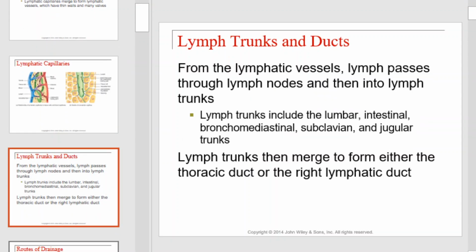From the lymphatic vessel, lymph passes through lymph nodes and then into lymph trunks. Lymph trunks include the lumbar, intestinal, bronchomediastinal, subclavian, and jugular trunks. Lymph trunks then merge to form either the thoracic duct or the right lymphatic duct.